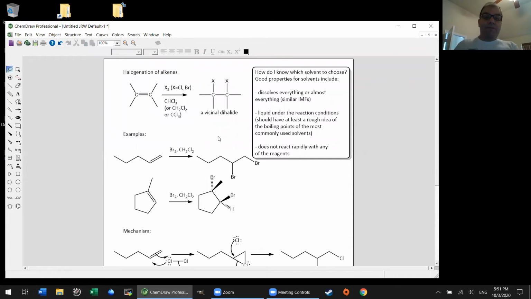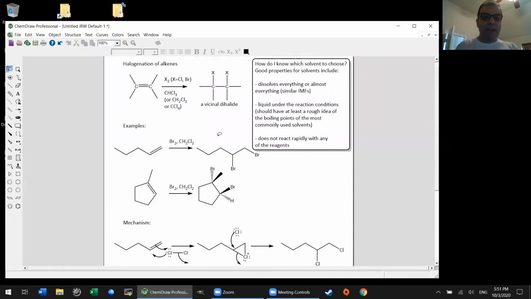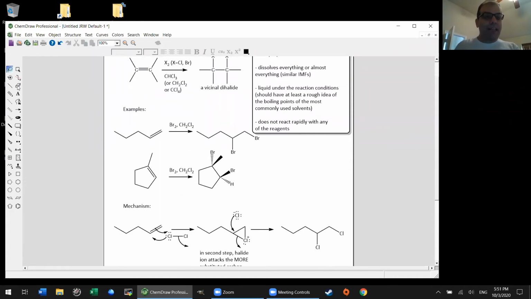And to give two examples of such a reaction, let's see, I think I actually intended to make this chlorine, so we'll just do a little magic trick. There we go, presto. So if one were to treat 1-pentene with chlorine in, say, dichloromethane solvent or chloroform or what have you, I would expect the major product would be 1,2-dichloropentane. And of course, we are generating a chiral carbon here.